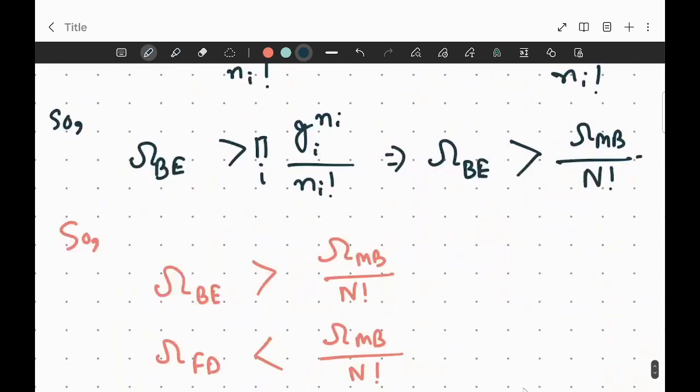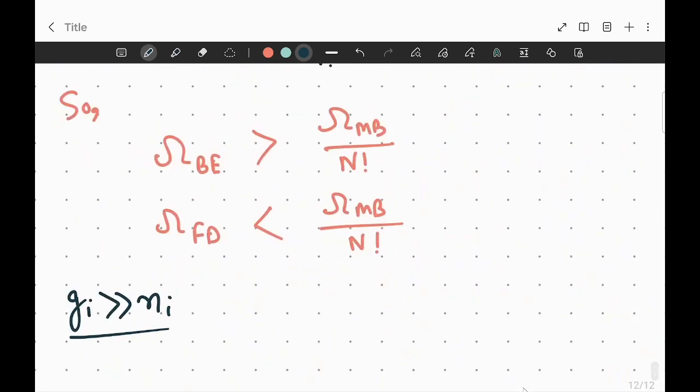In general, the Bose-Einstein is greater than Maxwell-Boltzmann by n factorial. Okay, it's correct. But when Gi is very much greater than Ni, then obviously it will be comparable with the Maxwell-Boltzmann by n factorial. Okay, it will be greater than. That will not be changed.